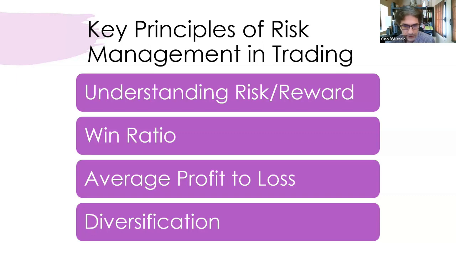The average profit should be considerably higher than your average loss. So these first three steps are about understanding your win ratio, which may not be sufficient if your risk reward is not appropriate. Okay.